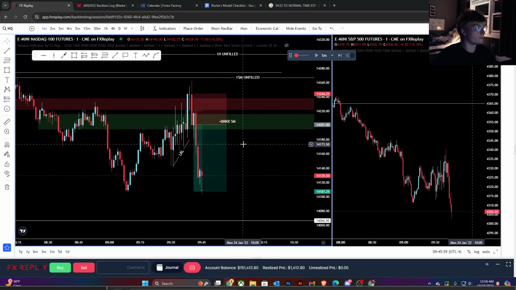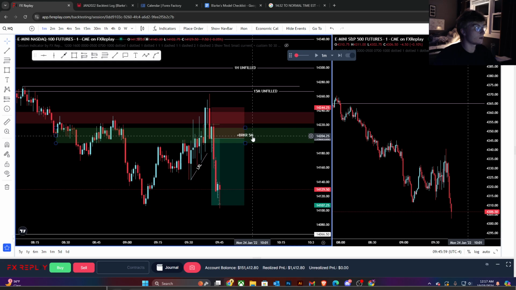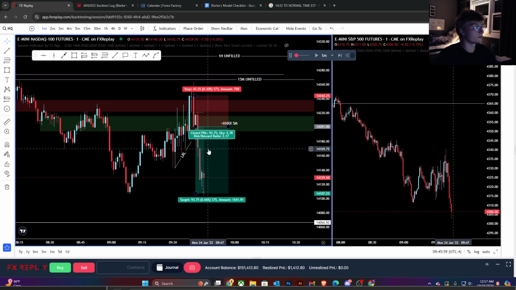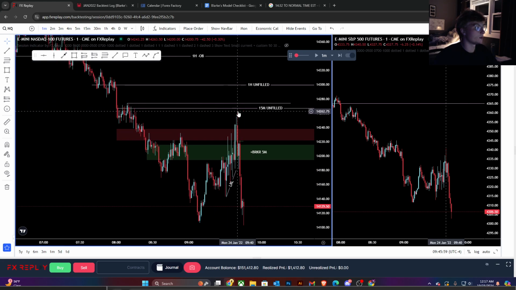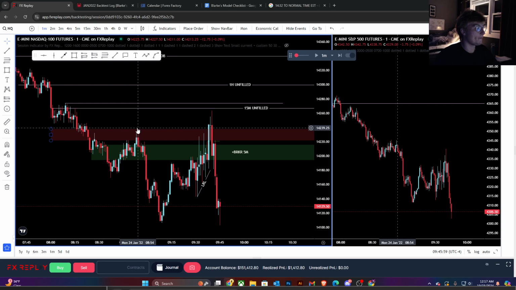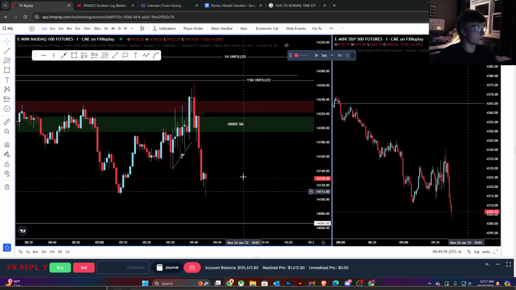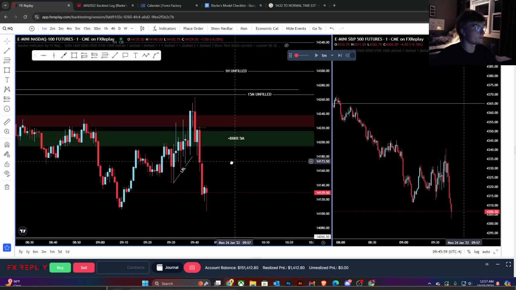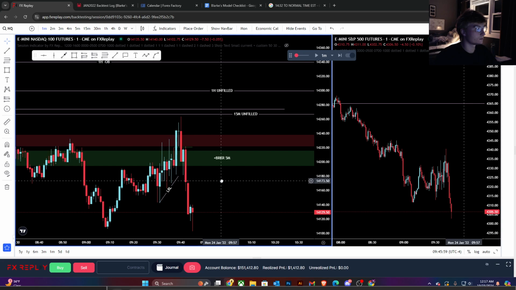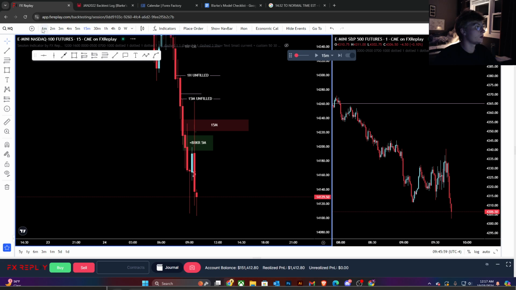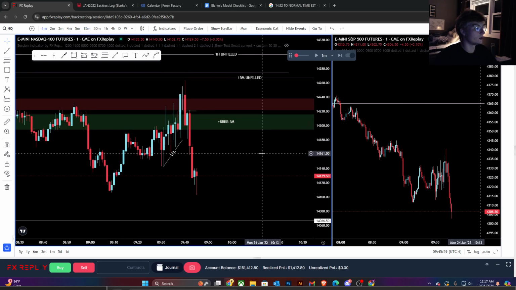But I don't know, I just didn't have confidence in this because we didn't tap up higher. Does look good in hindsight, but five-minute close above here. It looked like we wanted to run a little bit higher before distributing lower.